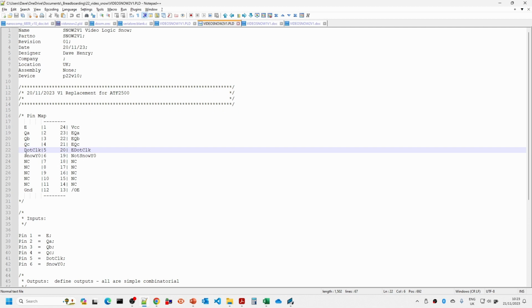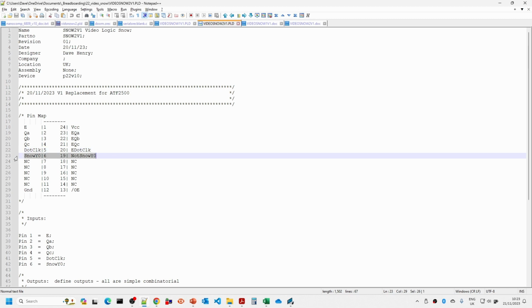We've also got one of the outputs from the other chip, because we ran out of outputs. Then the SNO Y0 value, we also need an inverted value of that, so we're using this as an inverter. And this dot clock signal, again, because these chips are a bit more limited, feeding pin 1 here, we really want to make sure that the signal going in here is exactly what we want.